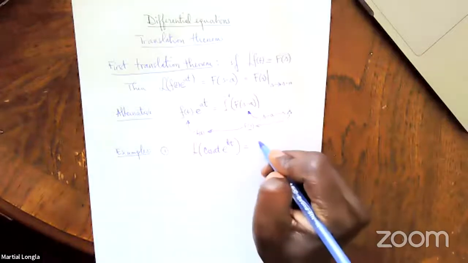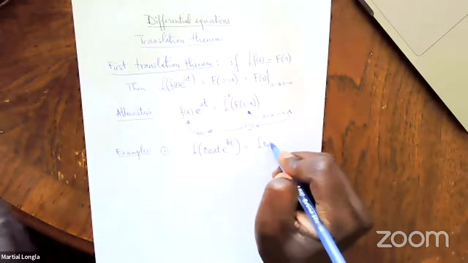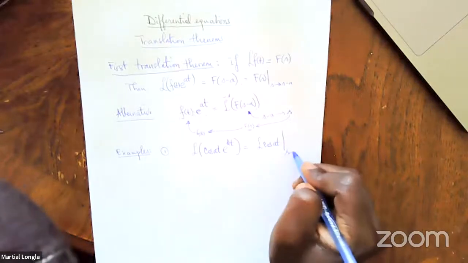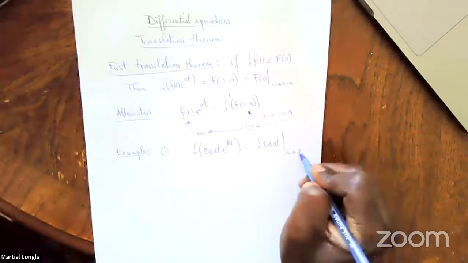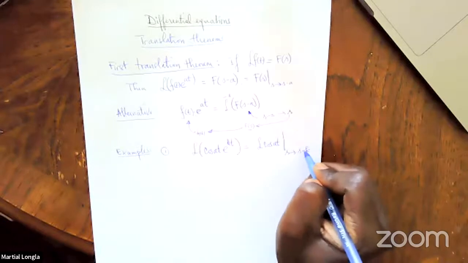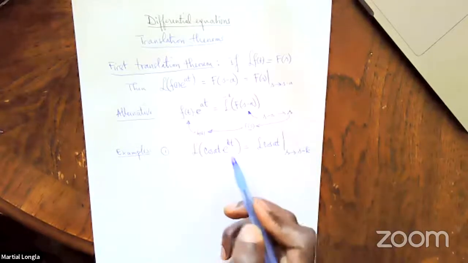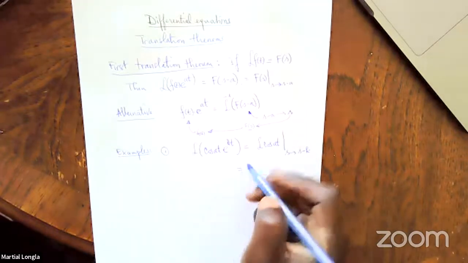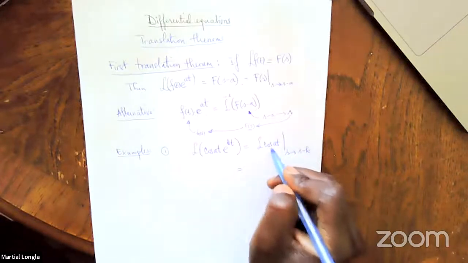We could say it's going to be the Laplace transform of cosine at, and then we will replace s by s minus k, for the translation we have here. And then we are going to find the Laplace transform of cosine at.